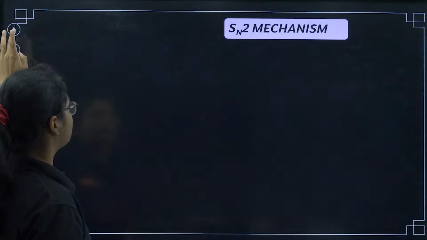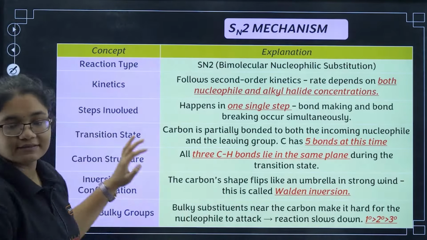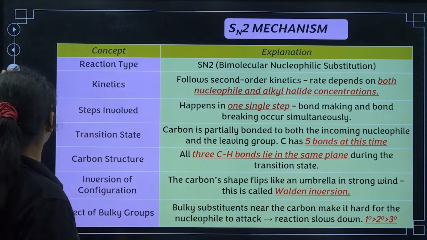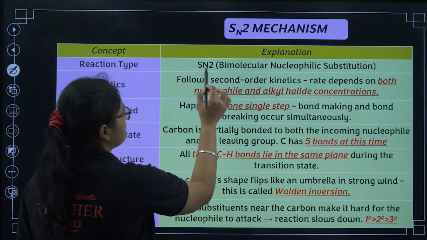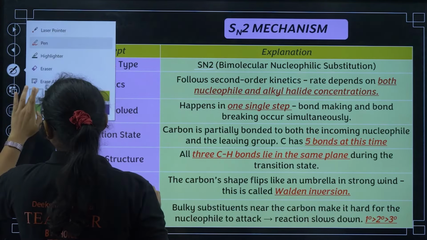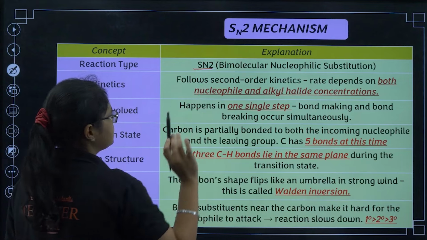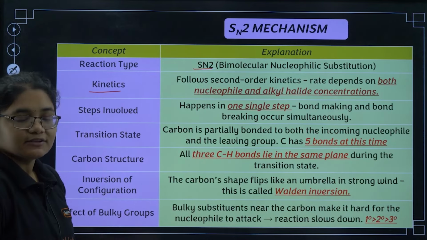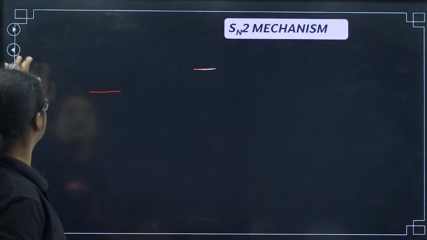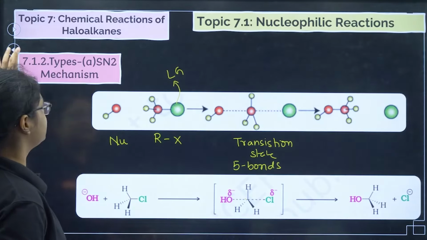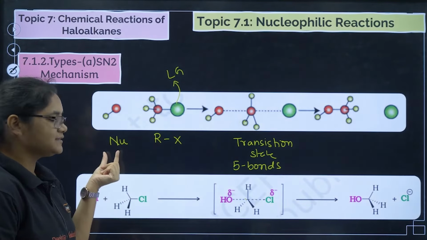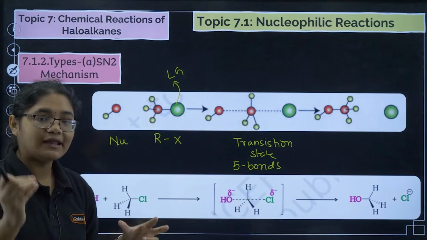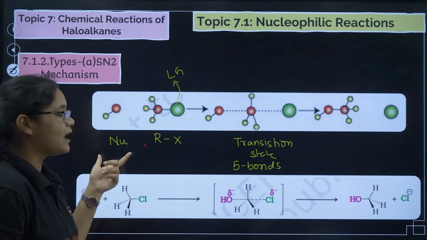Now let's see some important points for SN2 mechanism. First of all, it is a bimolecular reaction, so its name is SN2 reaction. What is the kinetics of this reaction? From the starting of the reaction, you have both RX and Nu in the medium, so the reaction rate will depend on both RX and Nu.